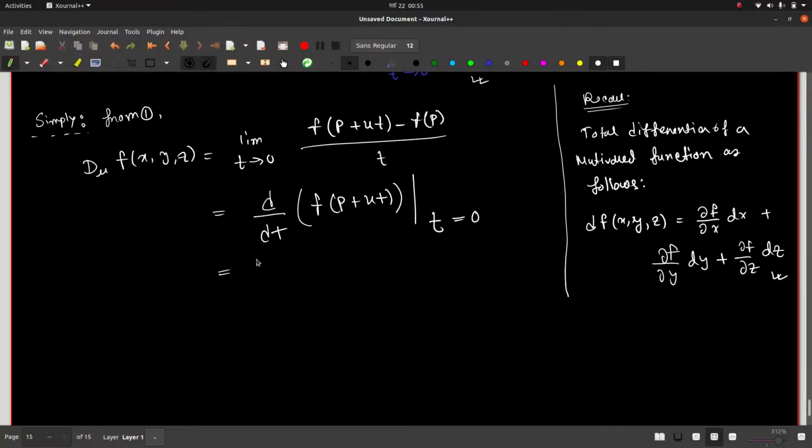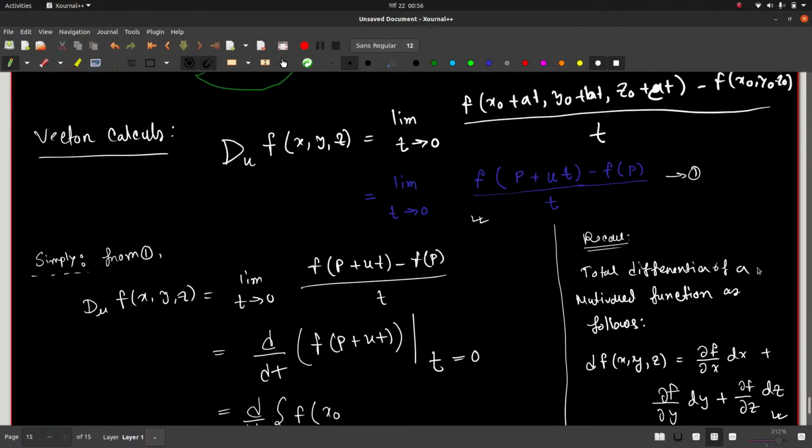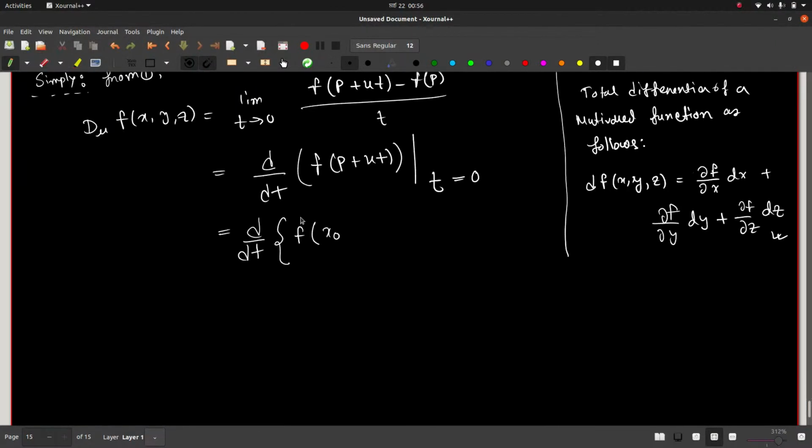So by doing that, what you are actually doing is writing it as f of p1, or so to say that x0 thing. So whatever you want to write it, if you write it as x0, just the thing over here, x0 and x0 plus at, and let's call this a new variable as x1.